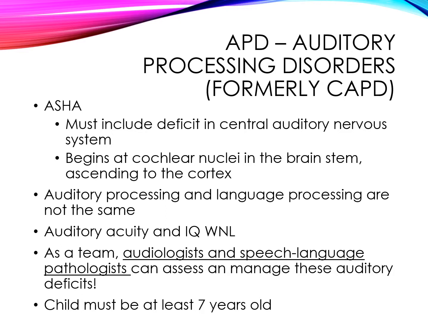Now we're going to go into auditory processing. In the past, this was called central auditory processing disorders. The diagnosis of auditory processing disorders must include deficits in the central auditory nervous system. Auditory processing begins at the cochlear nuclei in the brainstem and ascends up into the cortex.